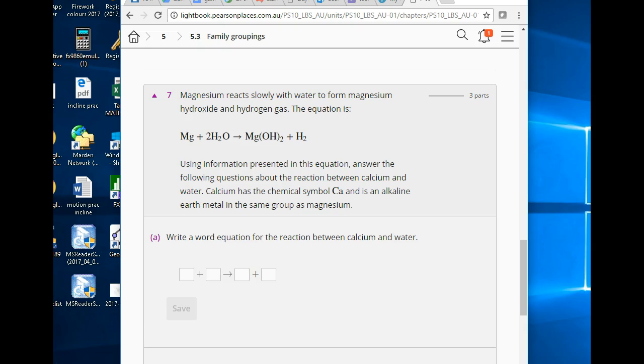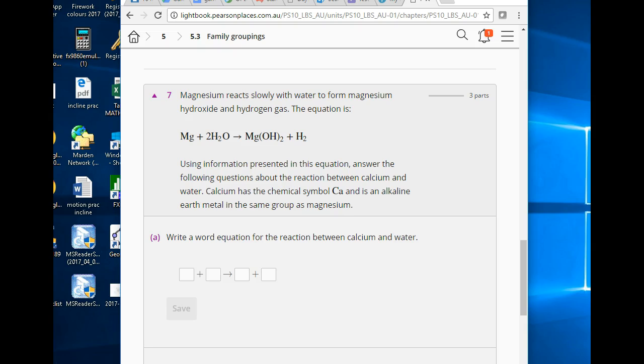But hydrogen is not stable as an element. It bonds with itself and forms two atoms bonded together. So that's what the little 2 means. So you've got to use that information in the equation to answer the following questions between calcium and water.